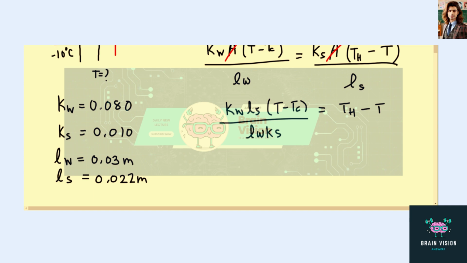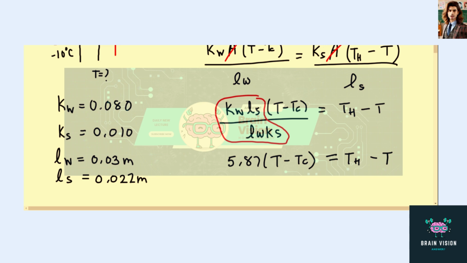I'm just going to calculate that coefficient out in front first. All four of those variables came out to 5.87. And we still just have TH minus T on the side.